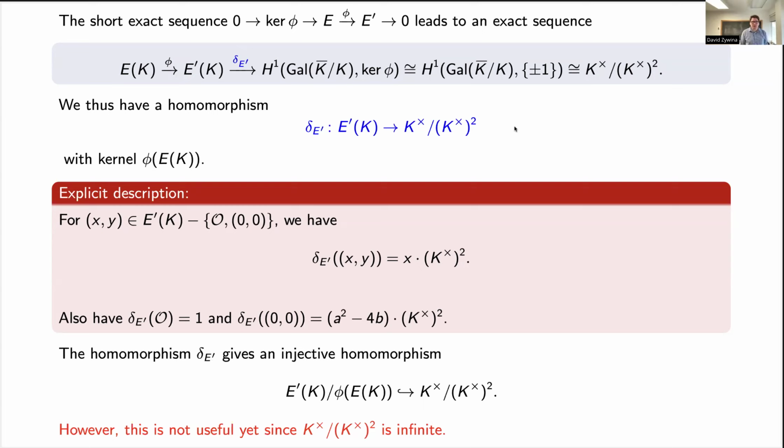So it's just a homomorphism defined cohomologically, but when you have equations, it's very concrete and computable. So we get this homomorphism, δ_E', and it induces an injective homomorphism of one of these 2 groups, which if I figure out their size, I'll know the rank, and it maps it injectively into the non-zero square classes. So it's taking this thing I don't know and mapping it to something I understand. It's not quite useful yet because it's taking something finite and mapping it into something infinite.